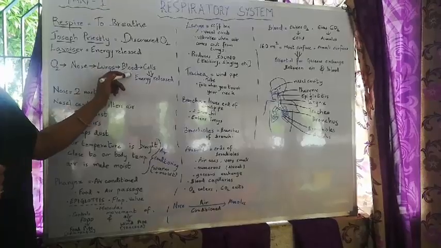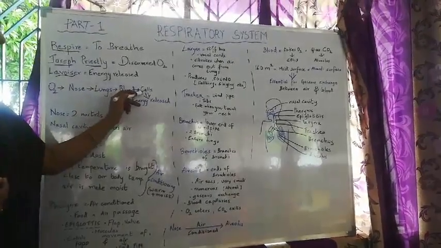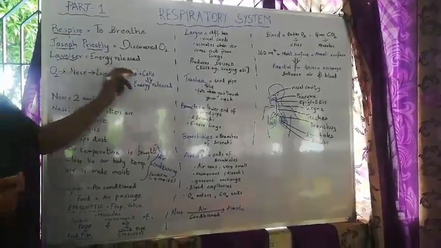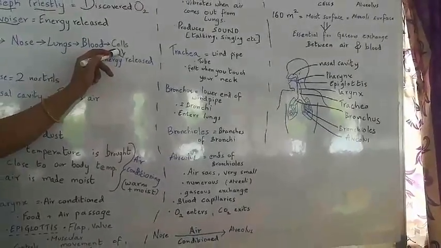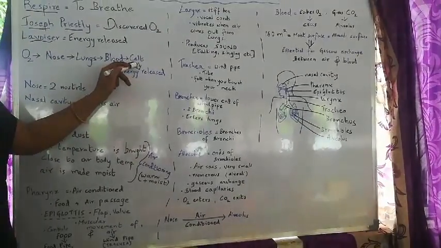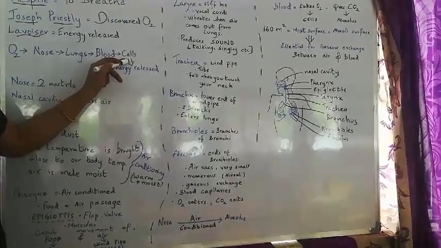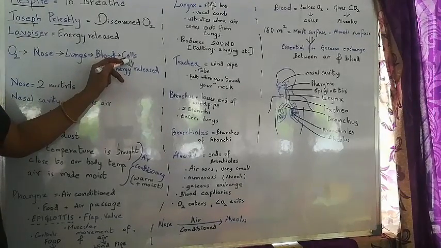It circulates everywhere in our body so that it carries the oxygen to each and every single cell. Our entire body is made up of small minute cells, isn't it? We know that already.